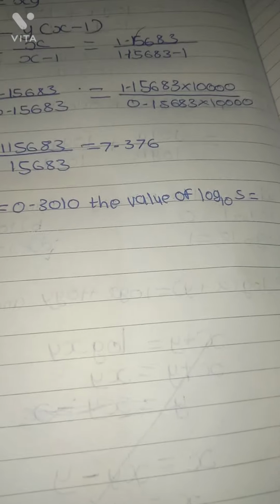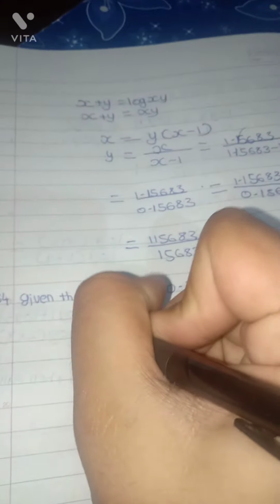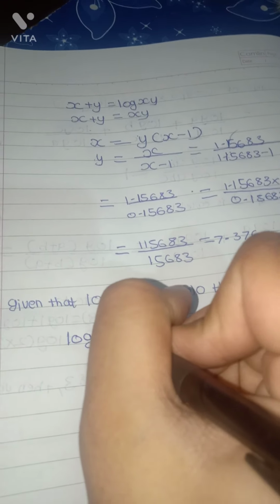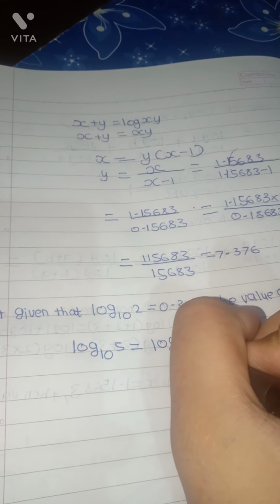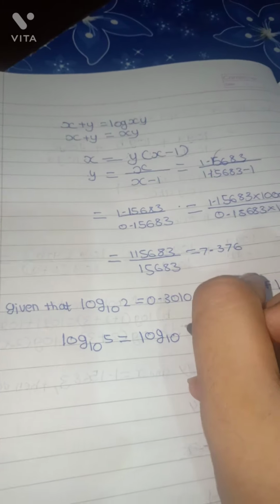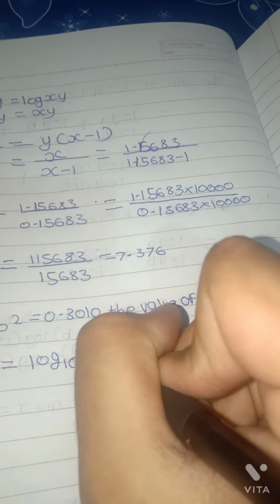In 34 it is given that log base 10 of 2 is equal to 0.3010. The value of log base 10 of 5 will be equal to, so here we will do log base 10 of 5 equal to log base 10 of (10 divided by 2).